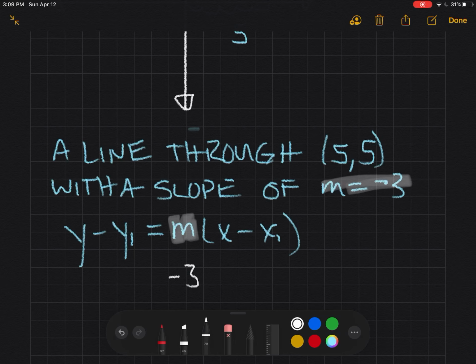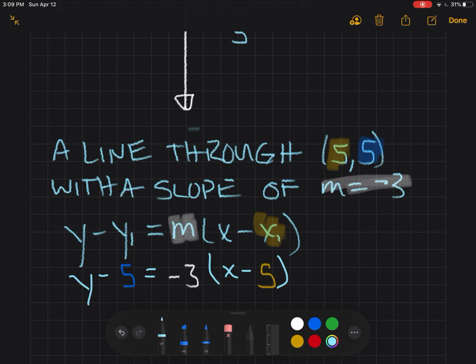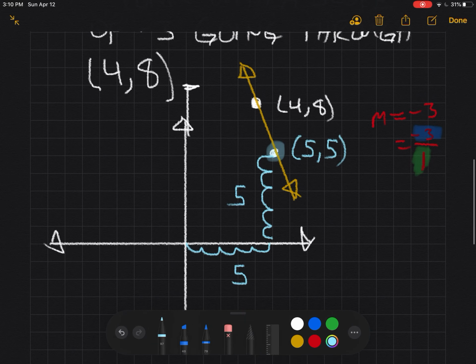And this time our slope of -3 is what we would put in for m. And 5 would be our x. And 5 would be our y. And so we would have y minus 5 equals -3 times x minus 5. And that would be our equation.